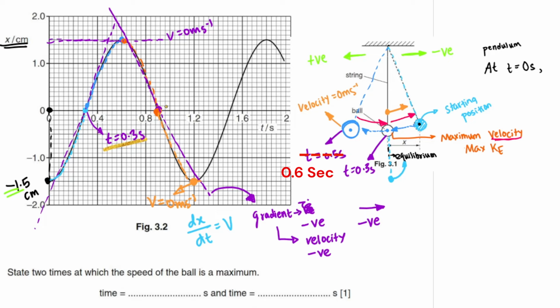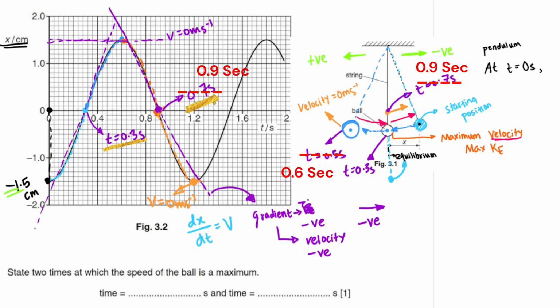And at time 0.7 seconds, here, this point here, t equals 0.7 seconds, the velocity of the object is also the greatest.